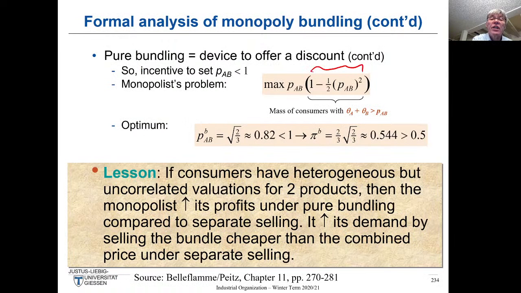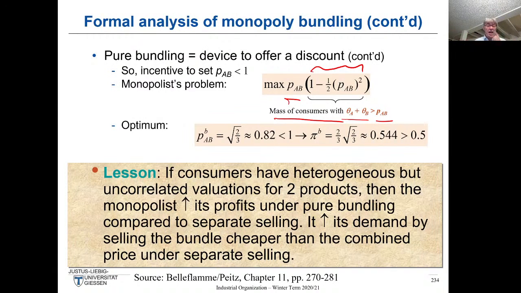So this is nothing else than our demand. This is the mass of consumers with a willingness to pay for the bundle which is greater than the price of the bundle AB. And of course, then the profit, given that marginal cost is zero, is just this quantity times the price. Okay? And now we are happy.